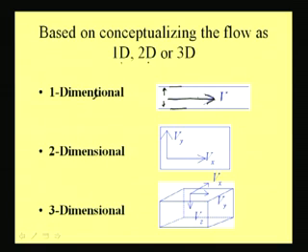Then we can call this a one dimensional flow. So, we consider that flow is moving in one direction, that is called one dimensional flow.